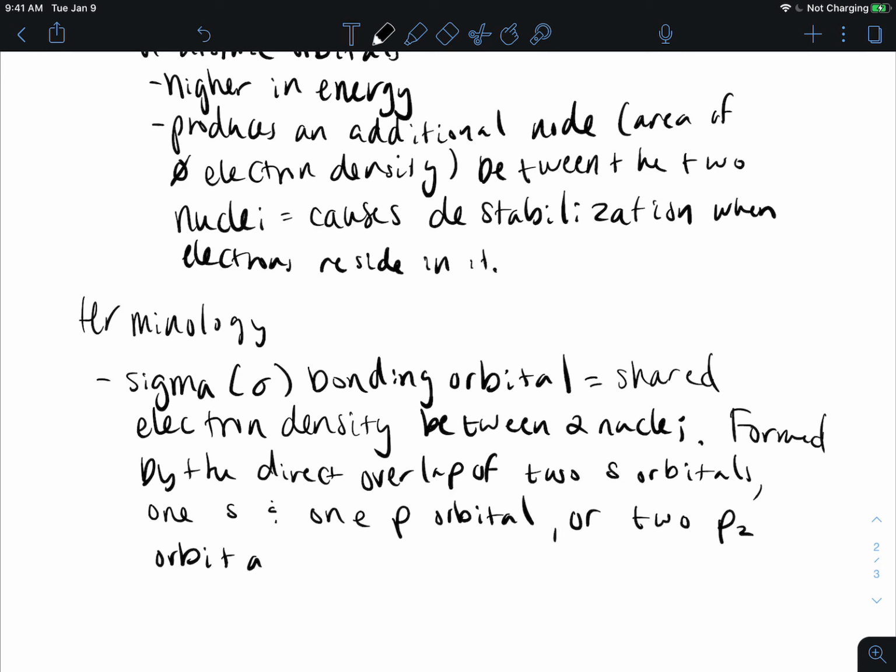And it's two pz orbitals, because those are the ones along the internuclear axis. Then we have sigma star, the anti-bonding orbital.